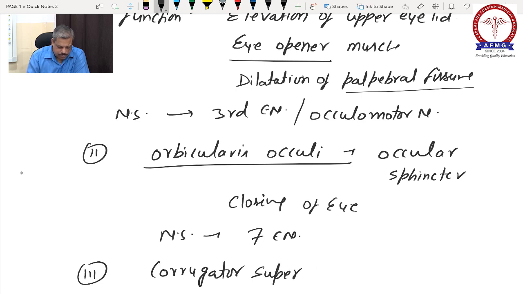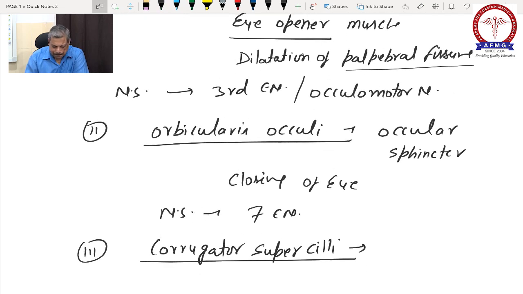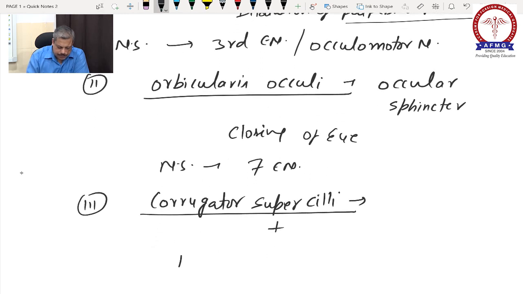Corrugator supercilii muscle. This corrugator supercilii muscle works along with procerus. And the procerus is the muscle around the nose.